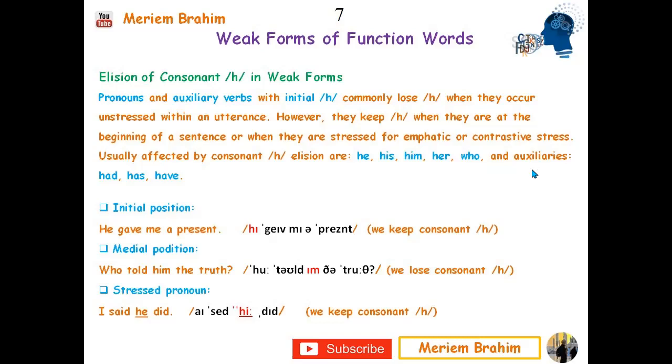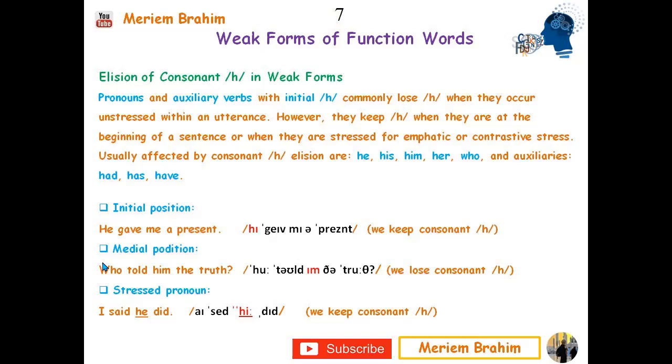And the auxiliaries had, has, and have, because they all start with the consonant h. So, in initial position, or at the beginning of the sentence, they keep the h. For example, he gave me a present. Here we cannot say "ee gave me". So we keep the consonant. He gave me a present.